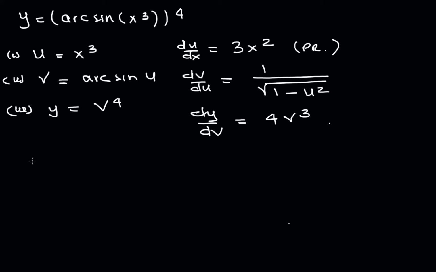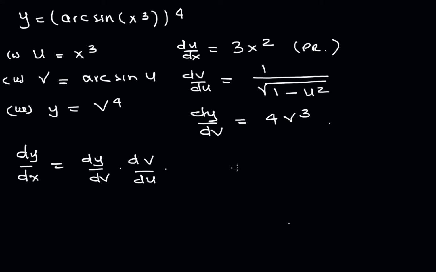As long as you carefully did it from inside out, you can now come and say dy/dx. These are the ones that should remain. So we start with the one that's got dy. So it's going to be dy/dv times, we go to the next one, dv/du.